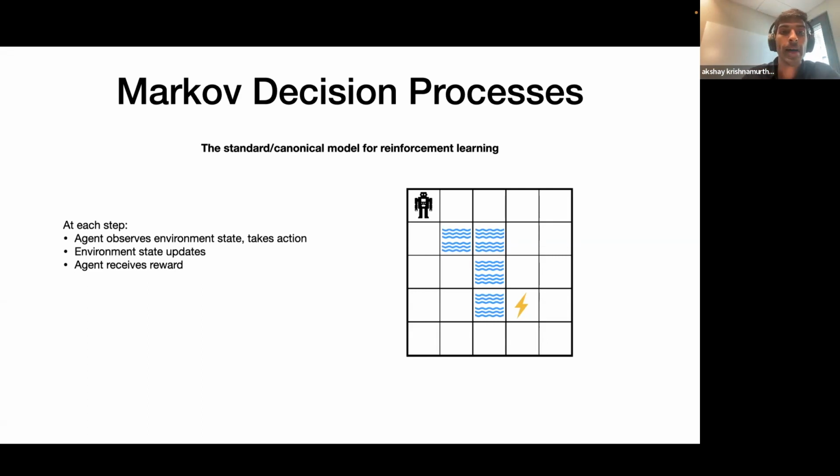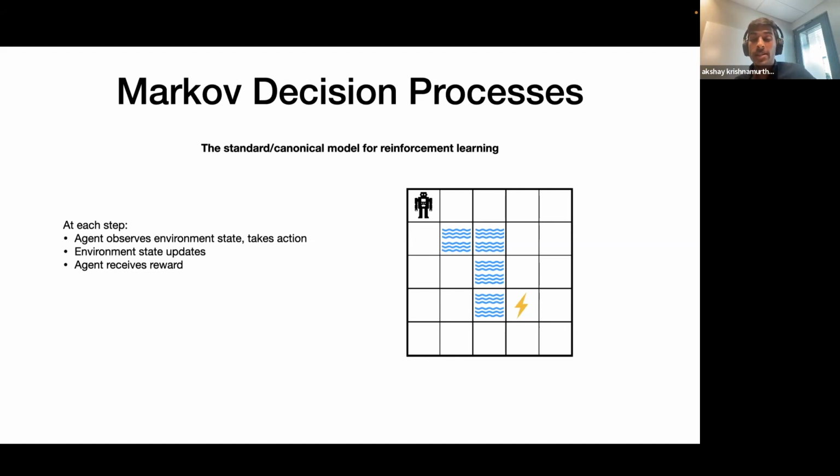It does so by an iterative process, where at each step, the agent observes the state of the environment and takes some action. The environment updates its state, and the agent may receive some reward for being in some state and taking some action. So you can think about the states as the positions of the robot. The actions may be north, south, east, or west, which direction the robot wants to move.